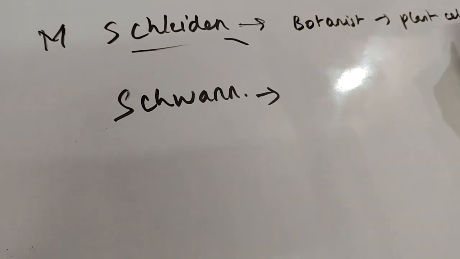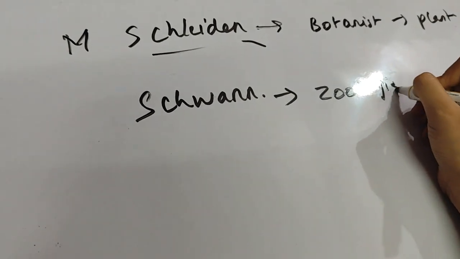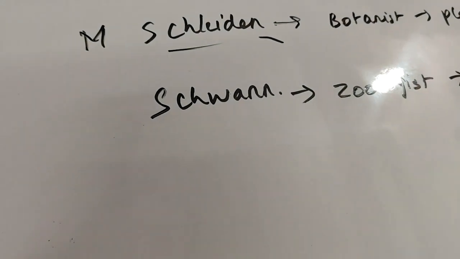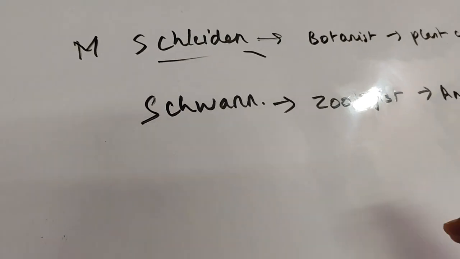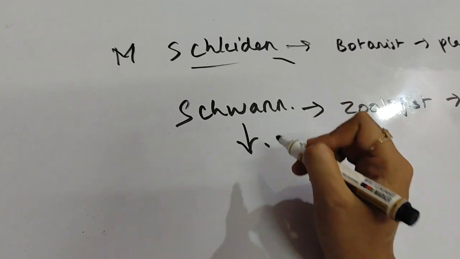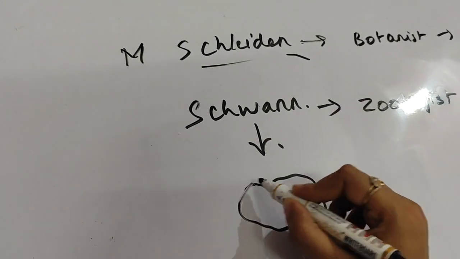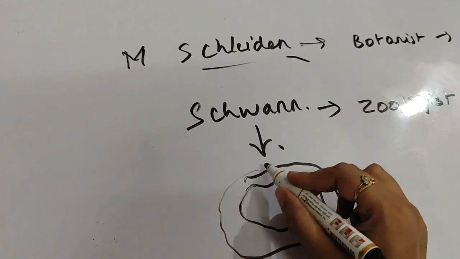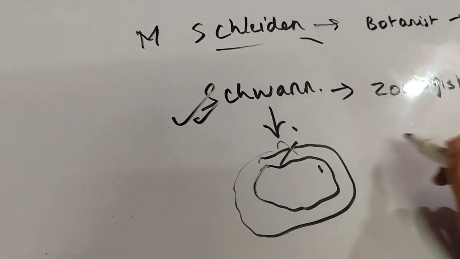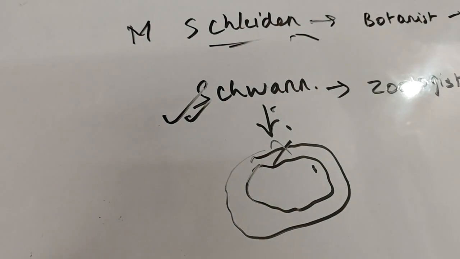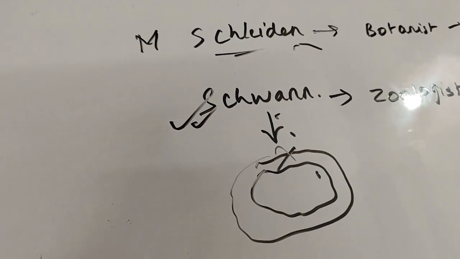Schwann was the zoologist and he was working on animal cell. He was the person who discovered that animal cell does not contain cell wall. There is no cell wall in animal cell. And Schleiden was the person who said that plant is made up of cell.